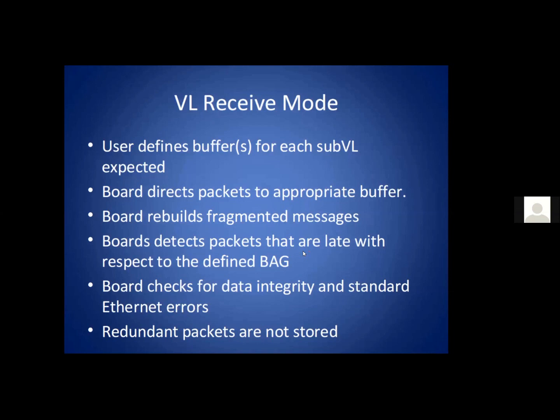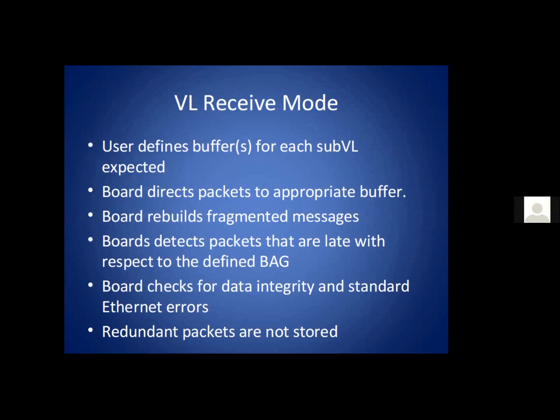Now we've got 2 receive modes as well. And again, the reason is that there are different things that you might want to do when you're receiving. One is you might want to receive the same way an end system receives on the aircraft. What that means is that each VL has its own buffers. You define which VLs you're expecting to receive, and then as the data comes in, each VL is going to go to its own buffer.